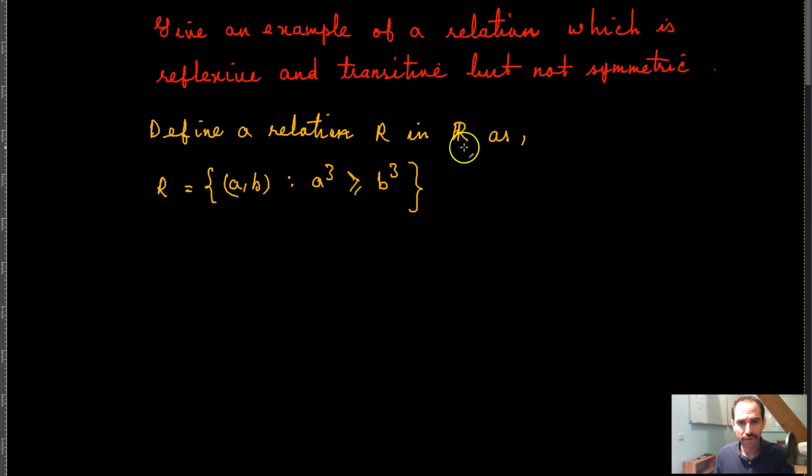So to show that this is reflexive, basically what you need to do is check if (a, a) belongs to R, for every a belonging to A, right? So of course, as you can see here, we have a cube is greater than or equal to b cube.